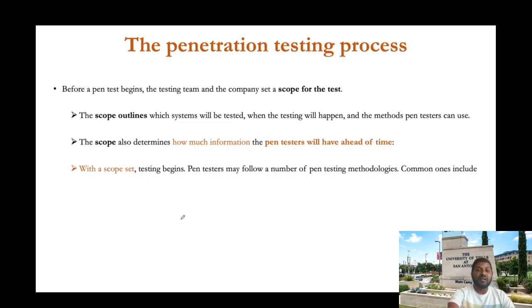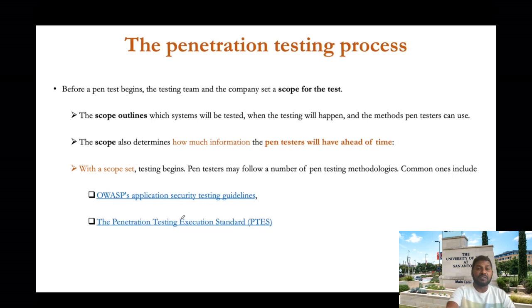With the scope set, the testing begins. Pen testers may follow a number of pen testing methodologies. Some of the common ones include the Open Web Application Security Project's application security testing, which we just discussed.